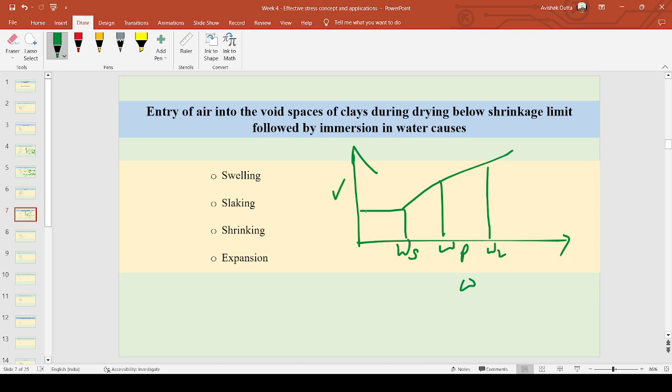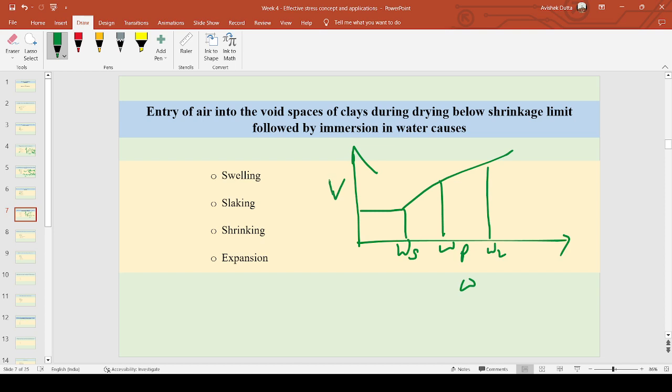So when water is being removed from the clay, air enters into the void spaces during drying. Now after air enters the void spaces, if the sample is then immersed in water, then what happens? A high pressure arises in the soil which leads to the disintegration of the soil structure.